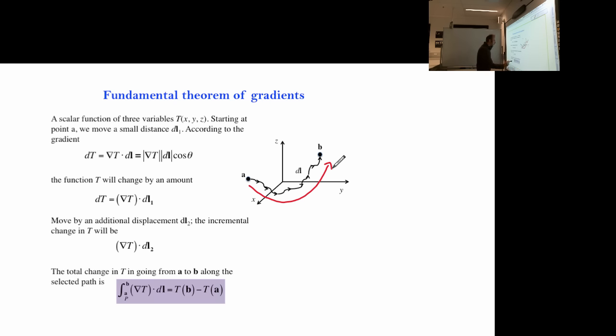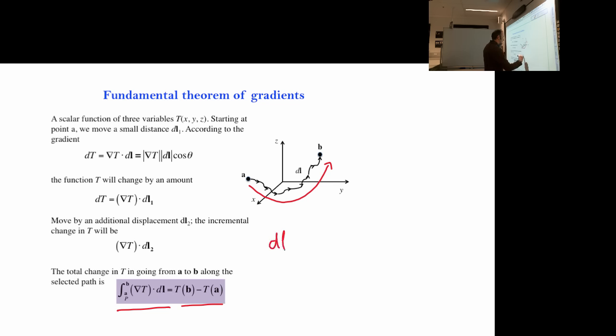So here it's given by the gradient of the temperature dotted with the infinitesimal displacement vector. And this is integrated over the path A to B, and this is equal to the values subtracted at the endpoints.